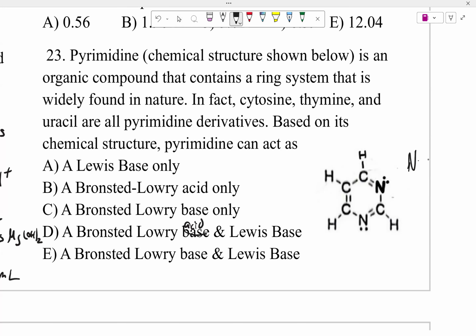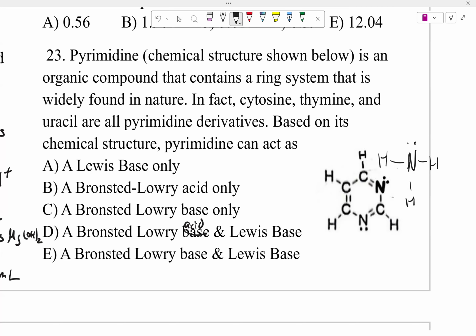Like an example we did in class, you want to make sure you're familiar with writing out the Lewis dot diagrams for things, because it's very important when you're deciding if something's a Lewis acid or base. So this nitrogen is very similar to ammonia, and it has that lone pair.